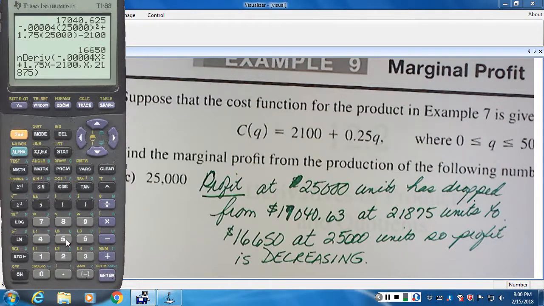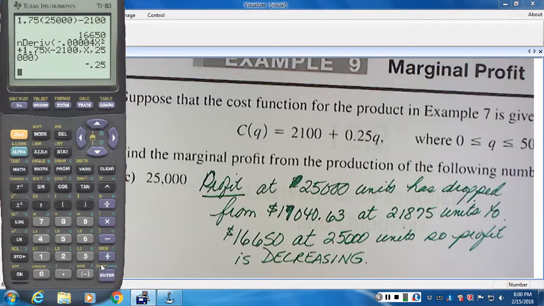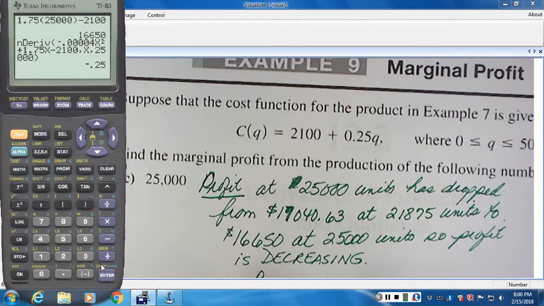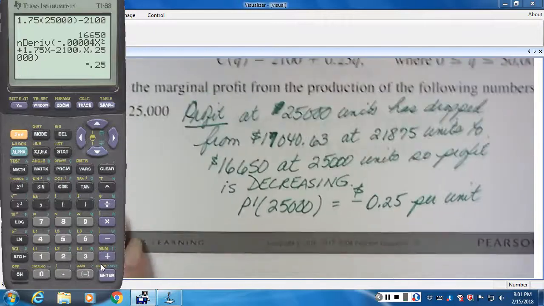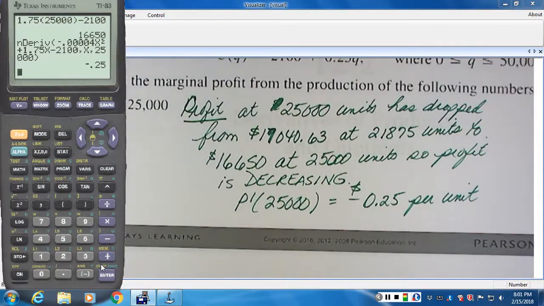It froze up for a second. Yeah, now my profit is decreasing by 25 cents per unit. Not decreasing by very much, but it is decreasing. Okay?